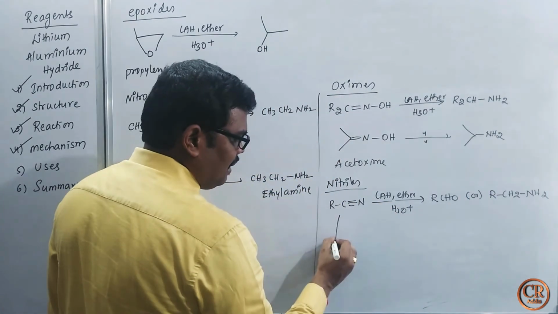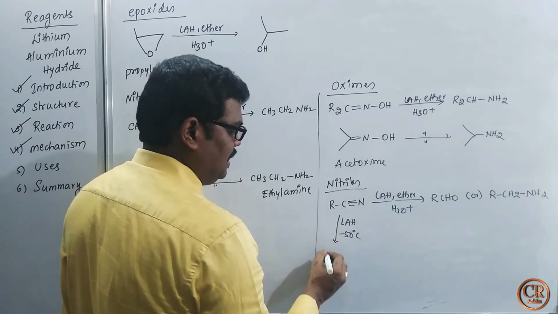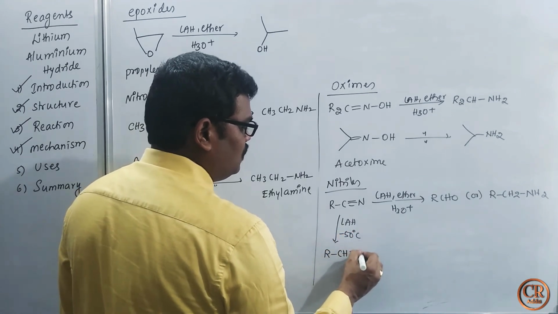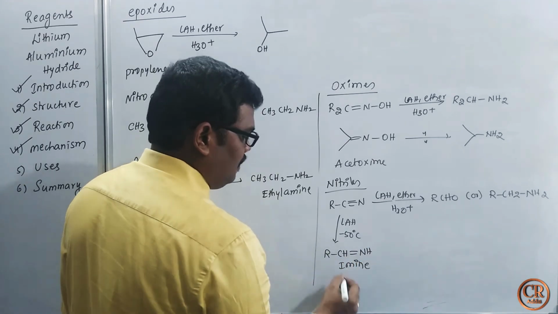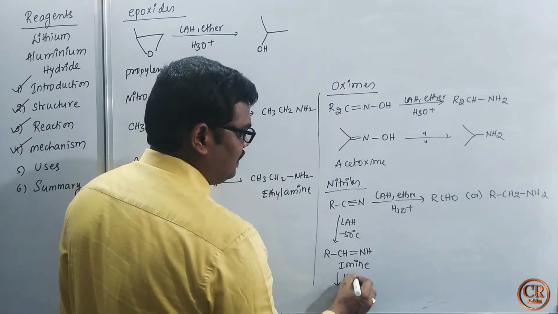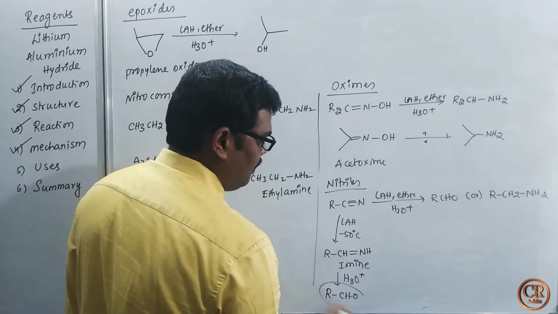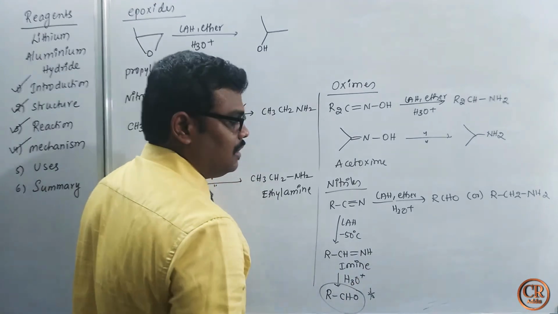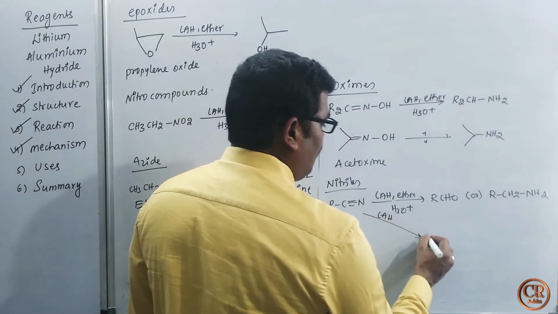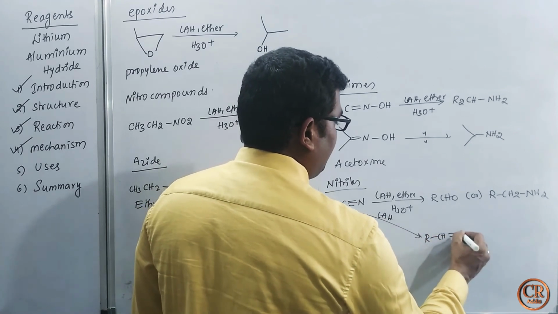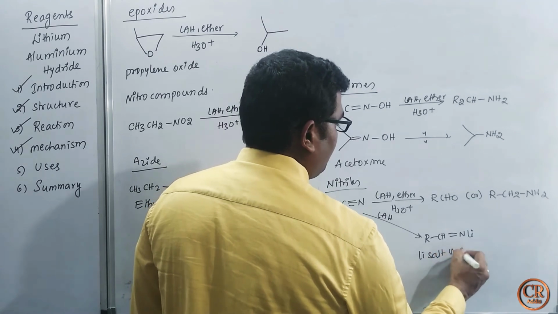See, when nitrile is reacted with lithium aluminum hydride at minus 50 degrees Celsius, first it is reduced to imine. This imine further reacts with water in presence of acid and gives aldehyde. This is important. Now if we take nitrile when reacted with lithium aluminum hydride, first it gives lithium salt of imine.